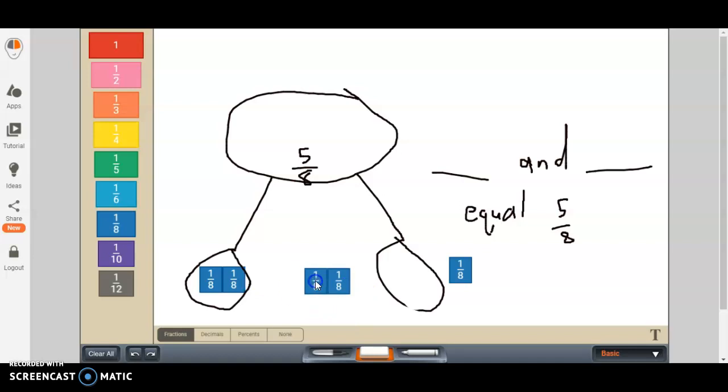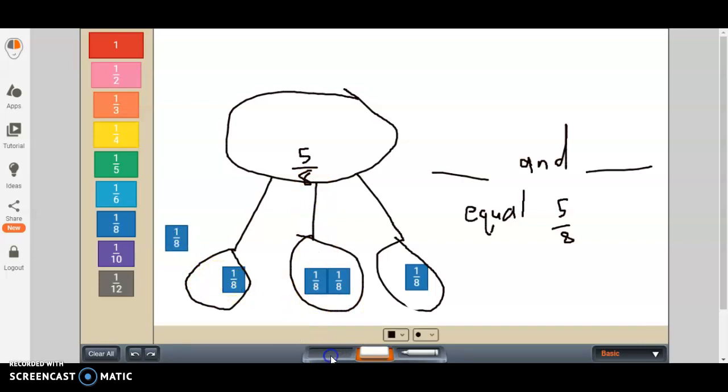Because I can also, just like with regular addition, break it apart into more than just two groups. So 2/8 and 2/8 and 1/8 equal 5/8, or 1/8 and 1/8 and 2/8.